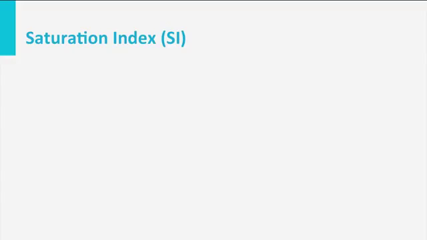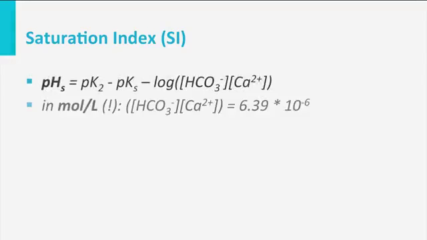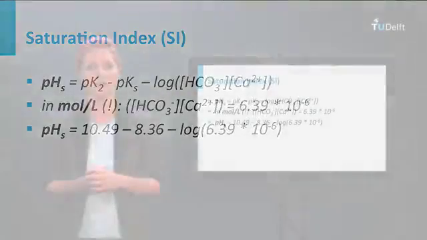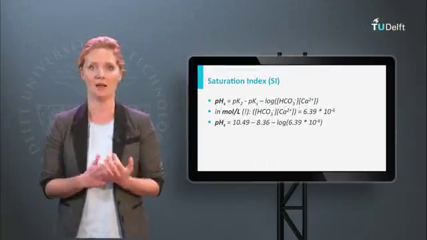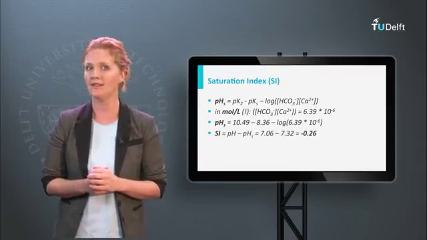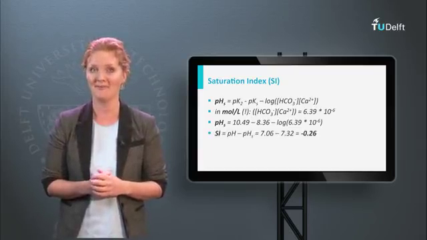Well, I hope you started with the calculation of the pHs, where it is crucial to use the unit mole per liter for bicarbonate and for calcium. With the pHs of 7.32 and a water pH of 7.06, it can be calculated that the saturation index is minus 0.26. Have you figured out if this is calcium carbonate aggressive or if it is calcium carbonate precipitating?